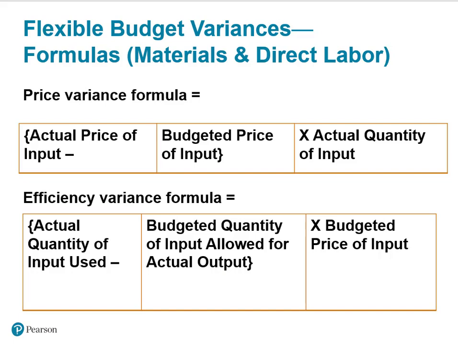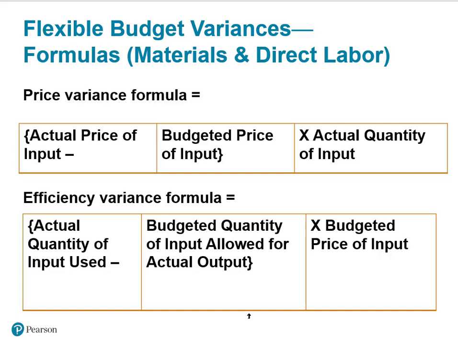The actual quantity of input used can be yards or pounds of material or direct labor hours or machine hours. And the budgeted quantity of input allowed for actual output means we take the quantity expected to be used per output, for example, 4 pounds of steel per item times the actual number of items. As an example, if we made 10 units and each required 4.4 pounds of plastic, we would expect to have used 44 pounds of plastic.